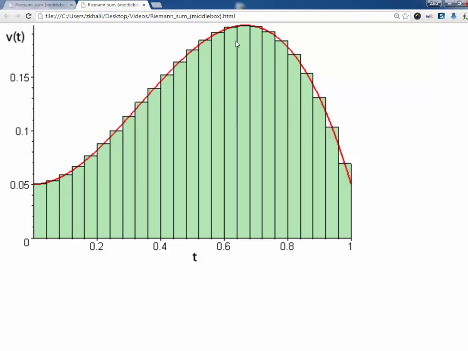For each of these subintervals, the velocity at which it's being evaluated is becoming more and more confined as your number of subintervals increases.